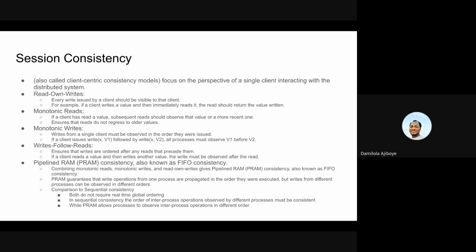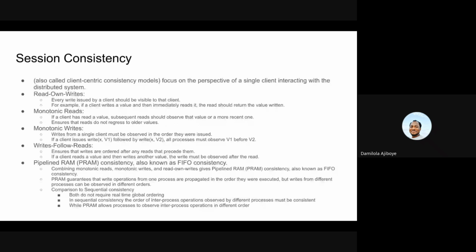We need to make sure that all observers observe the same global order. But in PRAM, we don't care about that. Observers can observe inter-process operations in different orders.